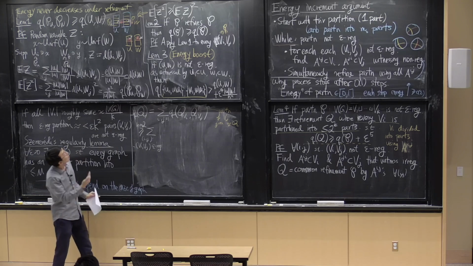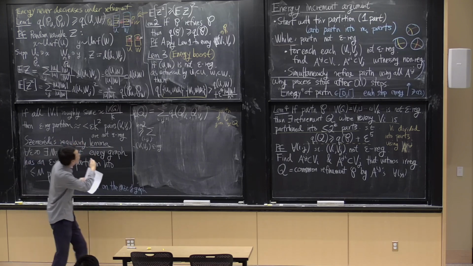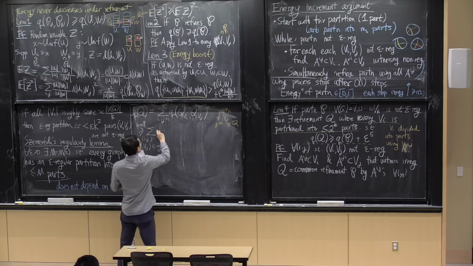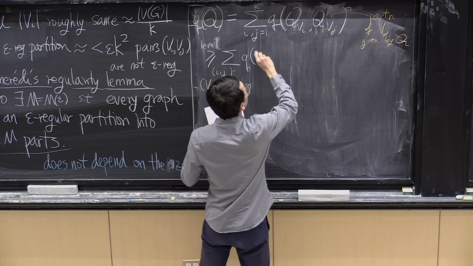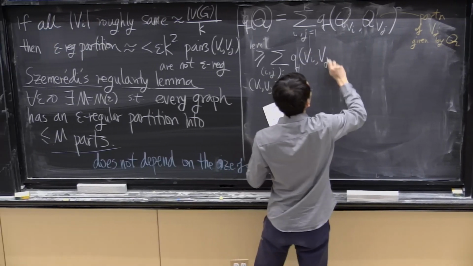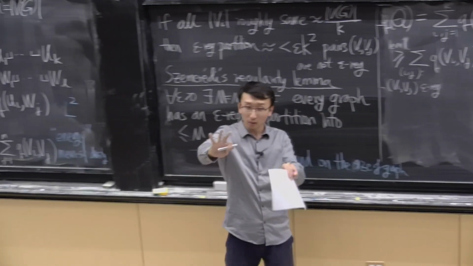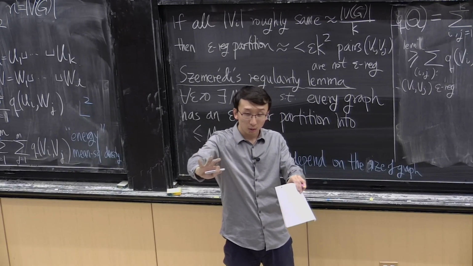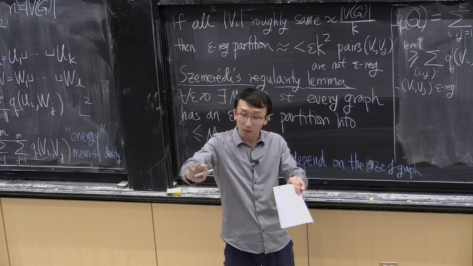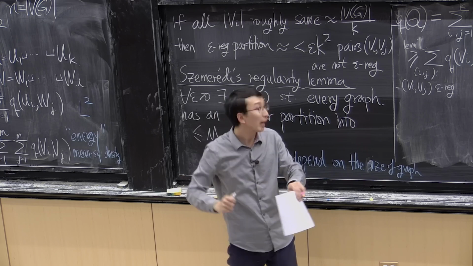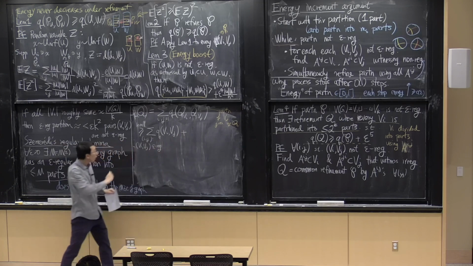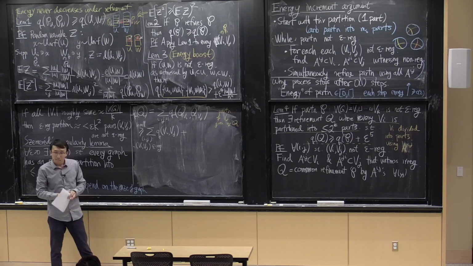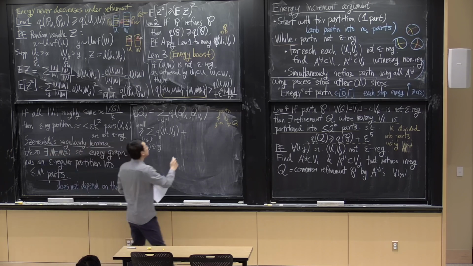And by lemma 1, here we're using lemma 1, we find that this quantity here cannot be less than the Q of V_i V_j. Right? So take those 2 parts. Before and after the refinement by Q, the energy cannot go down. So I don't worry too much about pairs that are epsilon regular. But now let me look at pairs that are not epsilon regular.